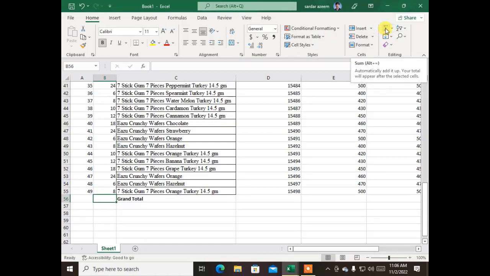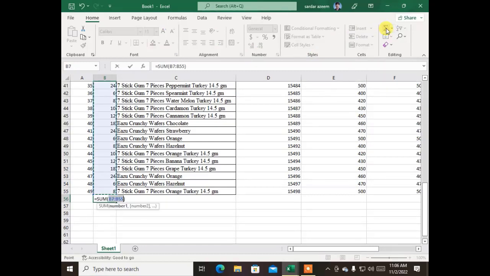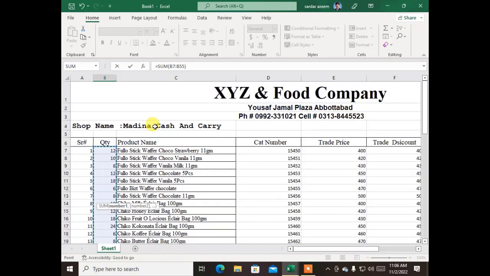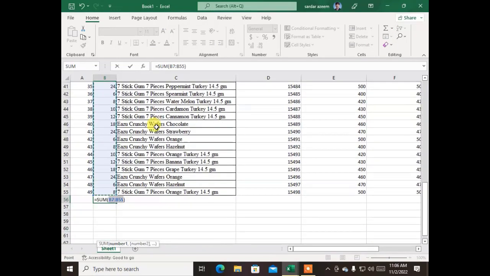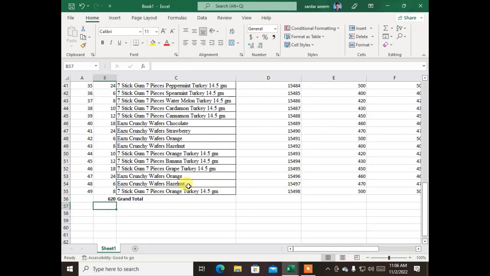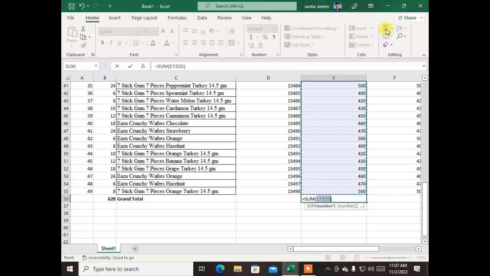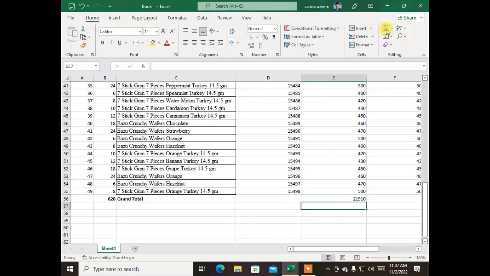This is much easier. Just go to the home menu and click auto sum. It will select the whole column automatically, and just press enter. It will show me that we have sold 620 boxes of products to Medina store. Now let's see what was the market price of these boxes. At the end of the sales column, we'll apply the sum formula and press enter.